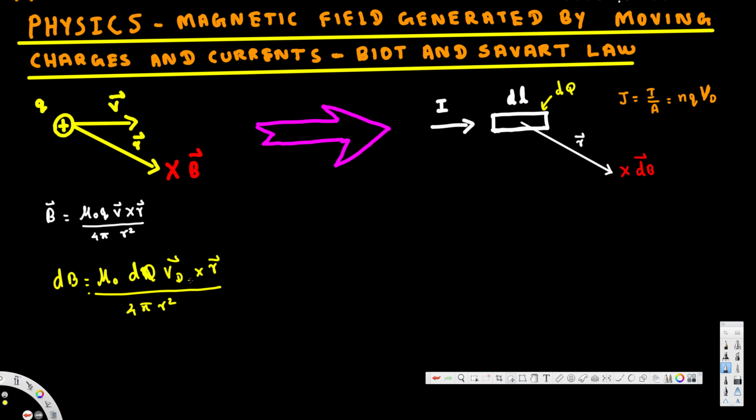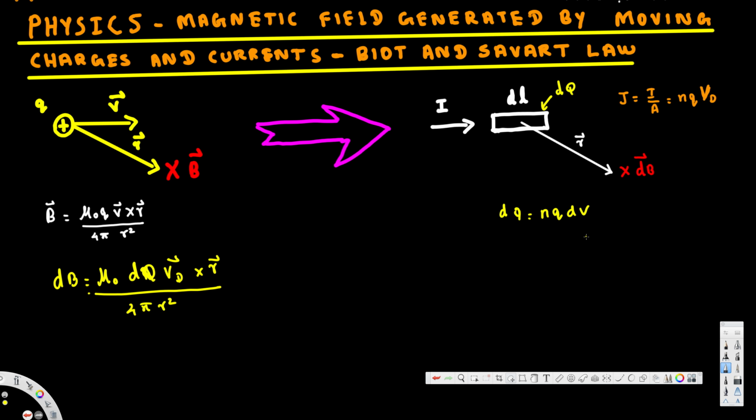And then instead of drift velocity, we are going to rearrange this one because we have to express this in terms of current. When we talk about a small current segment, we have to talk in terms of current, so we are going to replace that. Also we have to know that dq is going to be equivalent to nq dV, right?